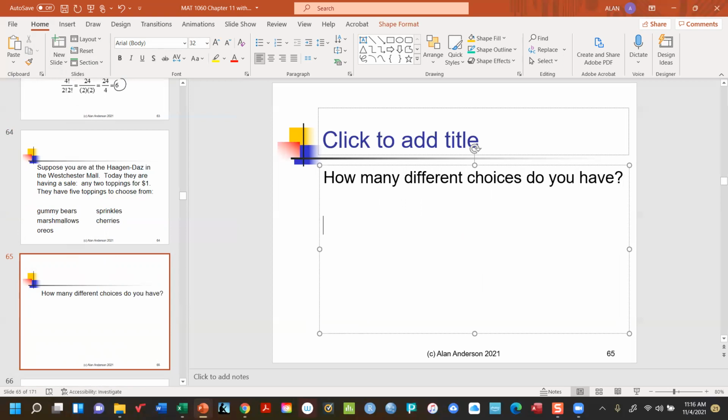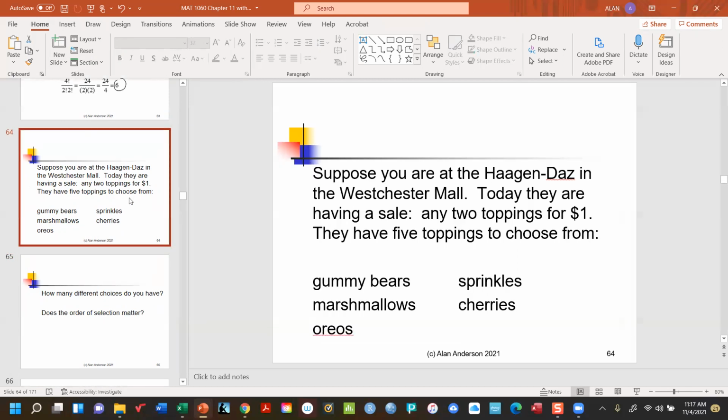The first question you want to ask yourself is, does the order of selection matter? In other words, suppose that you pick gummy bears and marshmallows. Does it matter if you pick the gummy bears first and then the marshmallows? No, they're just going to dump them all on top anyway. No matter what you say, they're going to just dump them on the top. So the order of selection has no bearing on your ice cream.